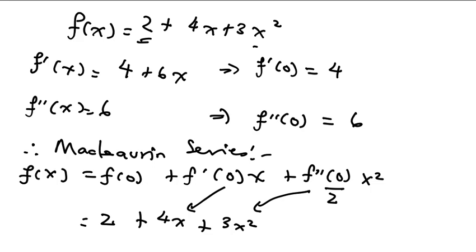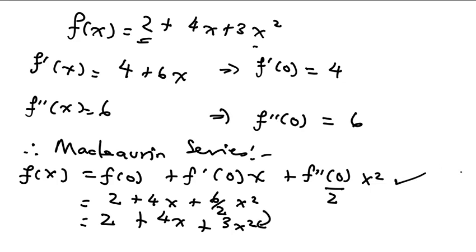But if I try to explain it in detail, let me erase this. It's actually in between. This one is 2 plus 4x plus 6 over 2 times x squared, isn't it? And then it goes to this. Now, the Maclaurin series is this one.